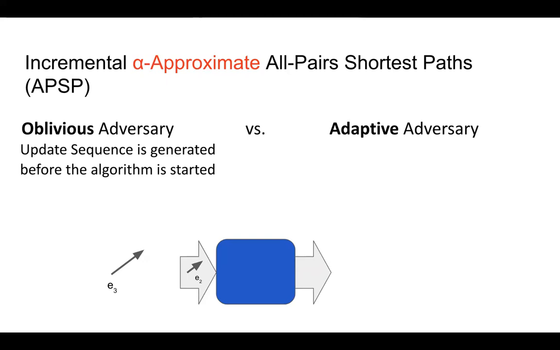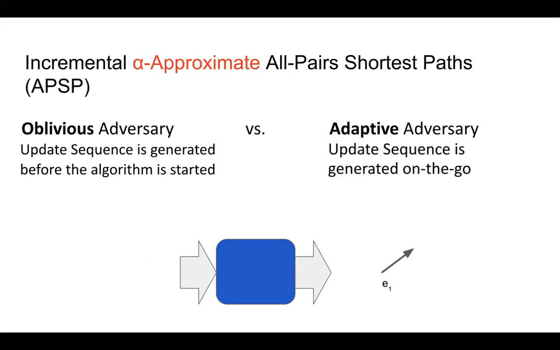This is in contrast to the adaptive adversary, where the update sequence is generated on the go. So it's not fixed before the algorithm starts, but instead the adaptive adversary generates the first edge, feeds it into the algorithm, and then it might query a lot, for different distance pairs, and only then it will generate the second edge.